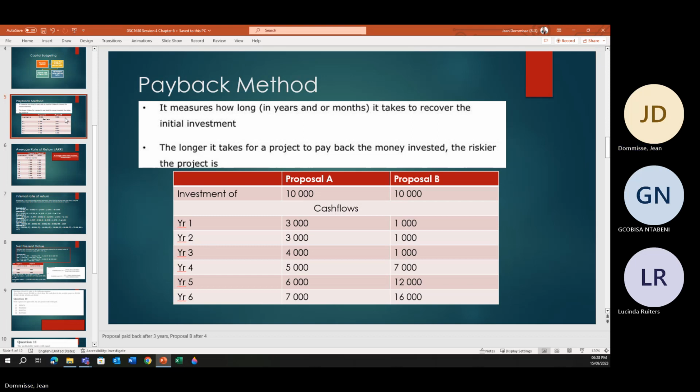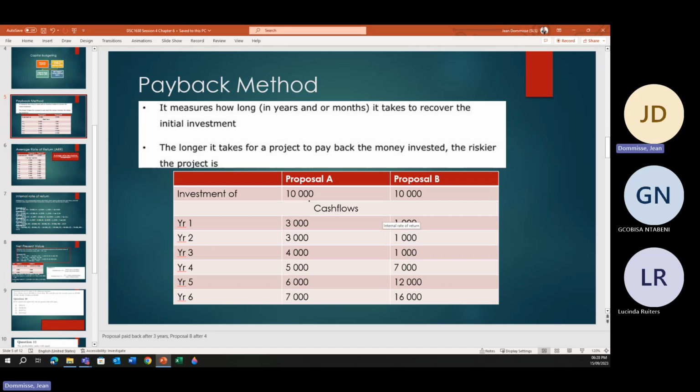So in this method, the quicker your initial investment is paid back, that is the proposal that you will go for. So there's not really a lot of specific formulas or methods for this.